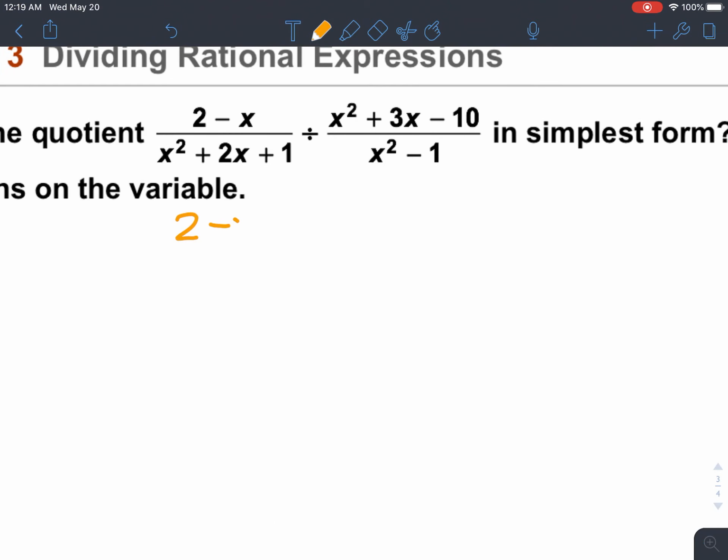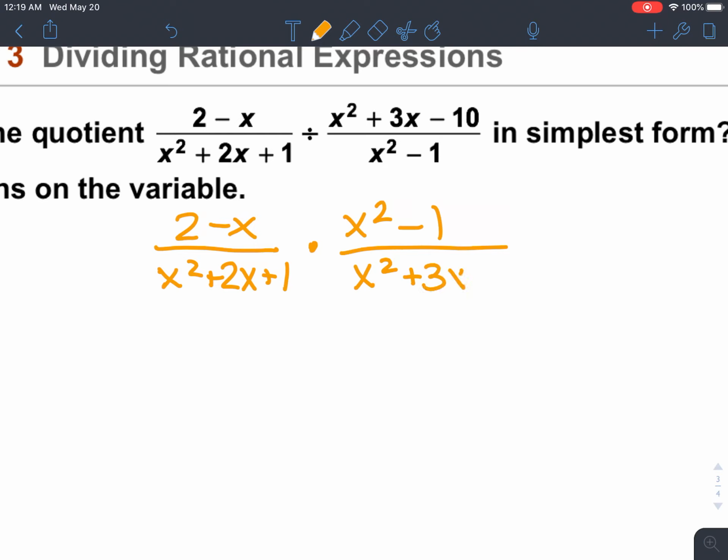Okay, so really what's happening here is I'm dividing, but in order to divide fractions, of course, I have to multiply by the reciprocal. Now anybody who makes the bottom be 0 here has to be excluded. But once this fraction gets flipped upside down, this denominator also can't be 0, so x can't be whatever is going to make that be 0 also.